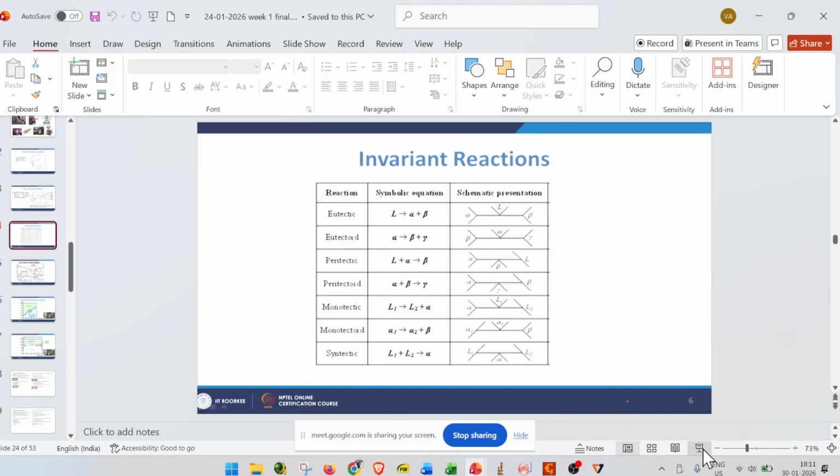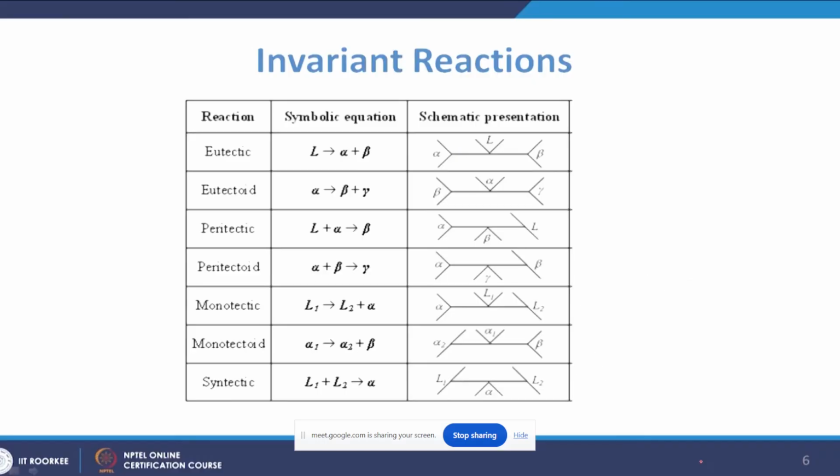So here there are different ways of phase transformation. In general, we have only three broadly, like gas to liquid, liquid to solid, and so on. But here we can see liquid to solid and how we can classify it further. So the eutectic reaction is where liquid converts into two solid phases, alpha plus beta.